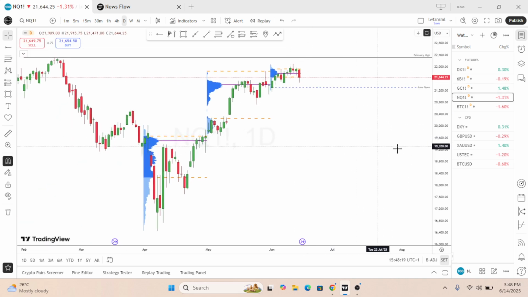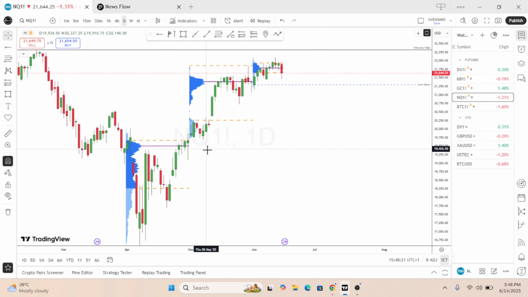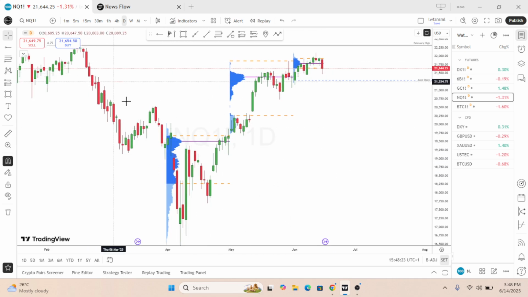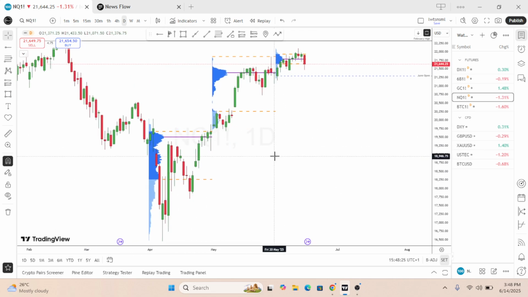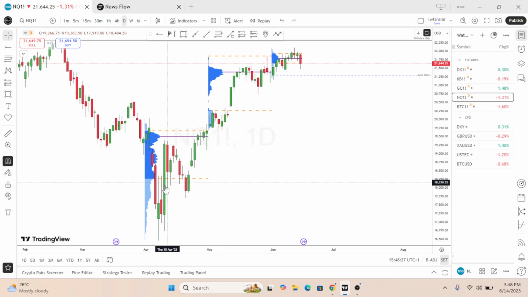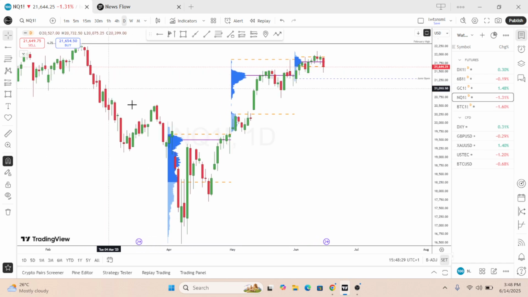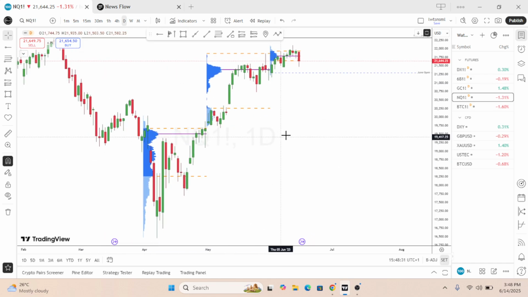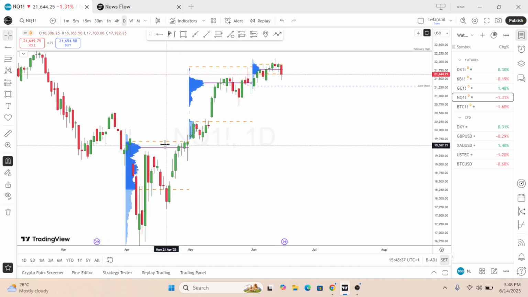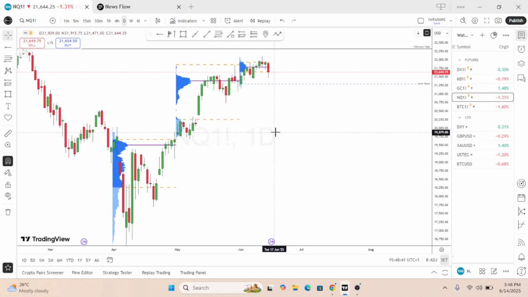So gold is still perhaps the strongest safe haven asset in the world. And on Nasdaq, we see that Nasdaq shifted value after this huge sell-off after the inauguration. Since February, we had this buyback, in which we have value shifting upward and no substantial retracement on the monthly time frame.